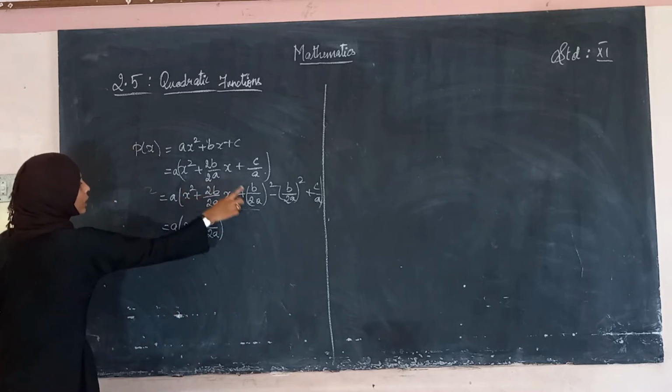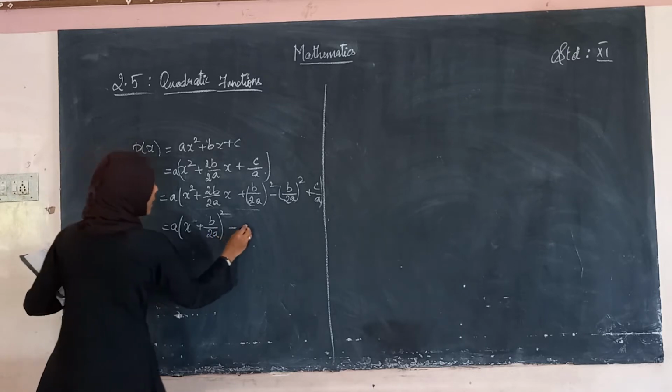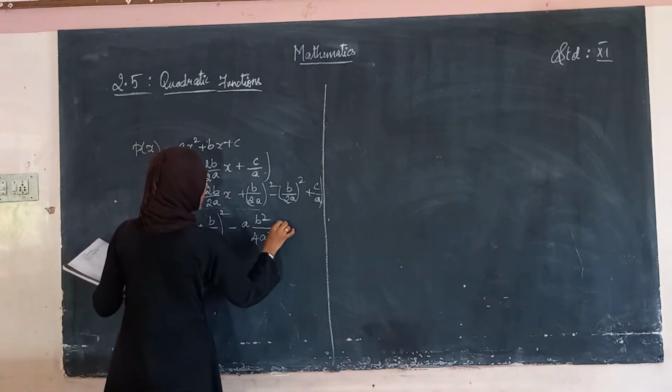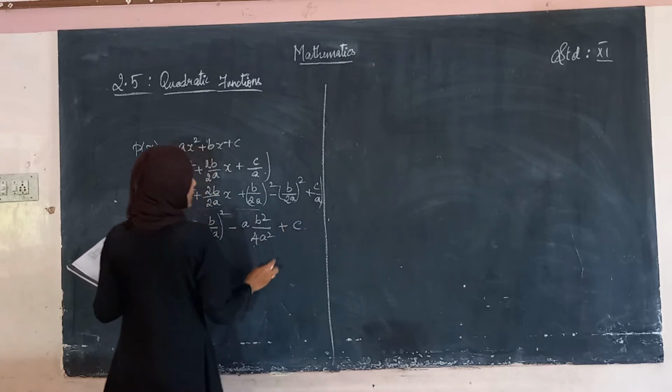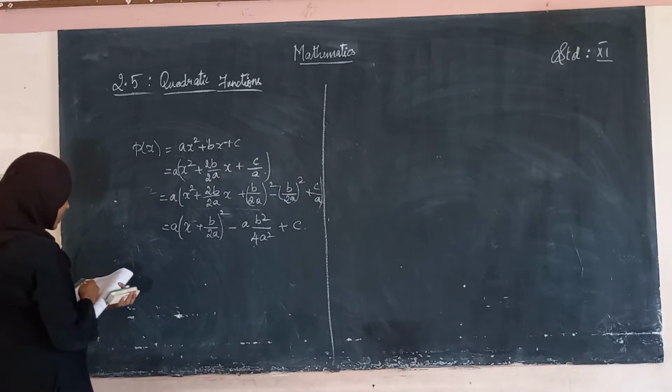So a into this term, and the remaining terms are minus a into b square divided by 4 a square plus c. C into a divided by a becomes c. This is what we are getting.